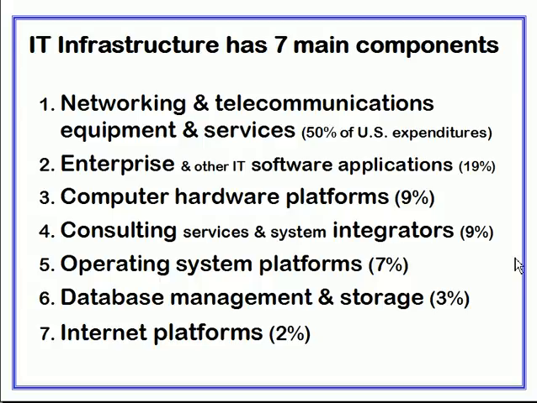If we go into enterprise and other IT software applications, you find they're spending 19% of expenditures. When you move on to computer hardware platforms, 9%. Consulting services and systems integrators, 9%. Operating system platforms, 7%. Database management and storage, 3%. And internet platforms, 2%.